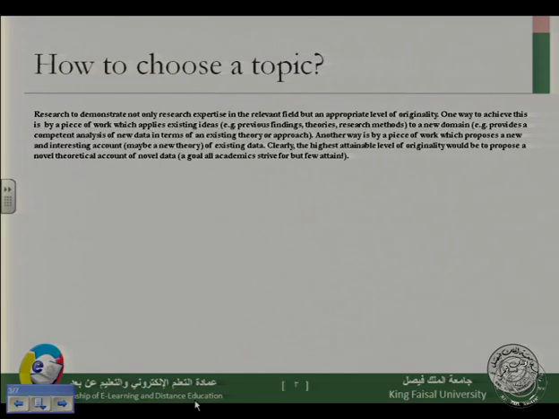Well, that theory was researched in terms of psycholinguistics, things that have to do with mind, processing, learning. But no, I want to apply that theory to a different domain, to sociolinguistics, how people interact with society and people. So this is one way to find a topic.